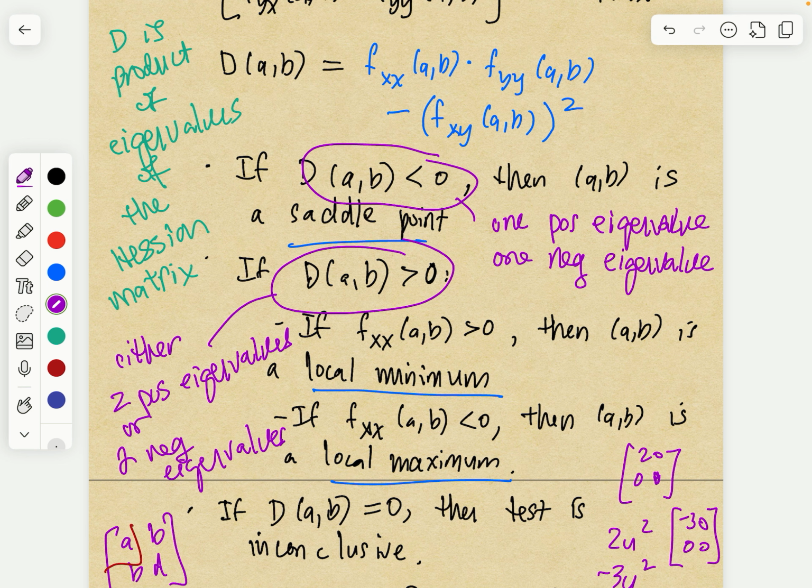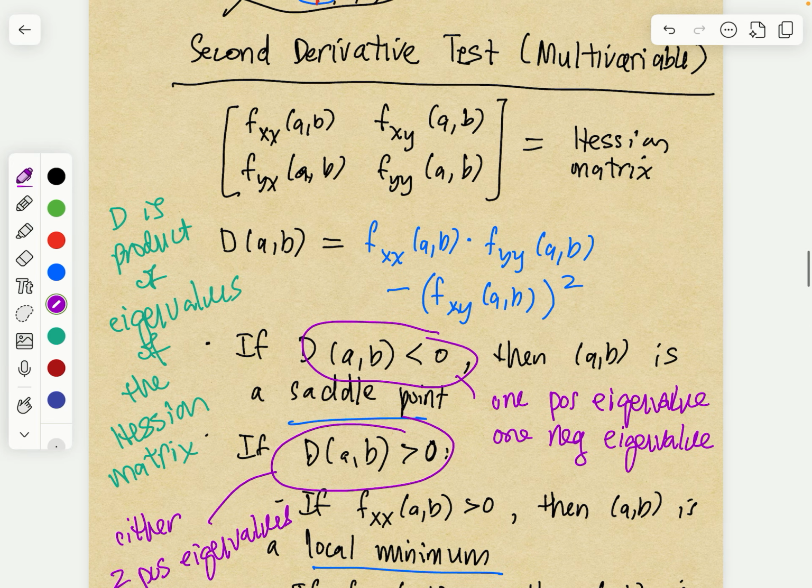And you're going to have second derivative tests for functions of more than 2 variables. So let's say that you have f of x, y, z. Then your second derivative matrix is going to be a 3 by 3 matrix, because you have f sub x, f sub y, and f sub z, and each of those has 3 partial derivatives.